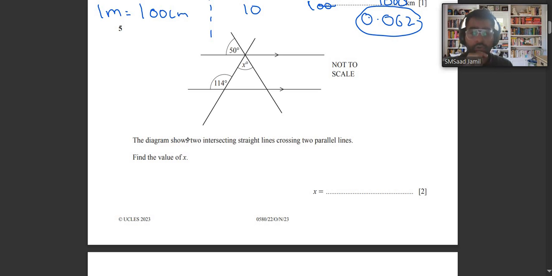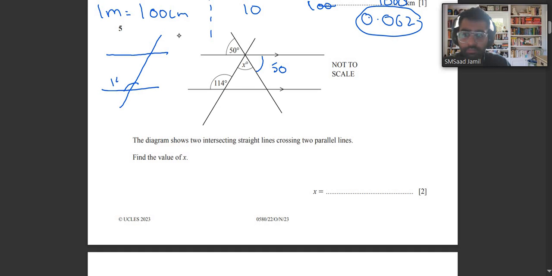Now question 5, the diagram shows two intersecting straight lines crossing two parallel lines. Find the value of x. Okay. Look guys, this side will be 50 degrees because this is vertically opposite angle, and if you look closely at this angle, this is 114, and this, let's say this is y.